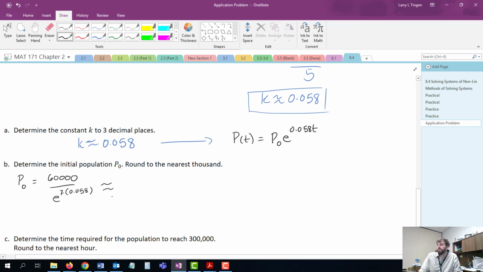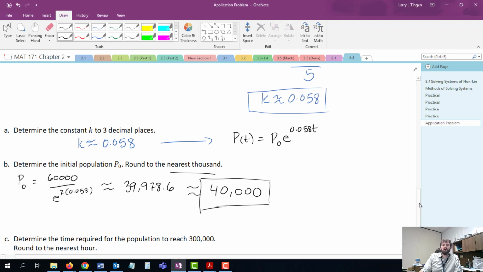Do this all in one step on your calculator if you can, and you're going to get approximately 39,978.6. Round this to the nearest thousand, and the thousands place is this 9, right? So look to the right, that 9 means go up. So my initial population is 40,000.